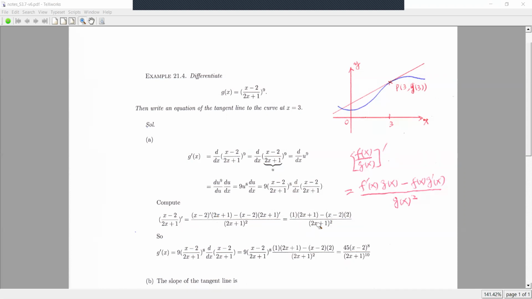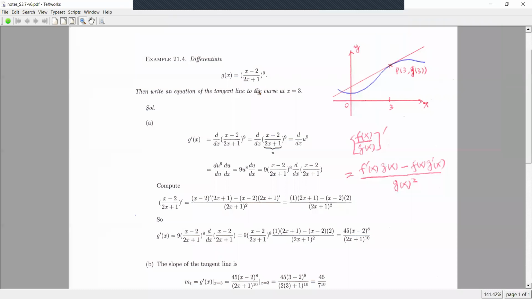Now plug in the result here. Then the derivative of the function g is this. Simplify this expression, then we get the result. This is the derivative of the function g.